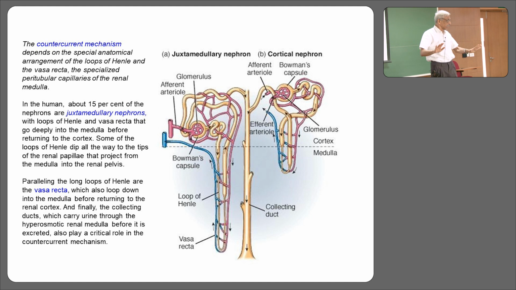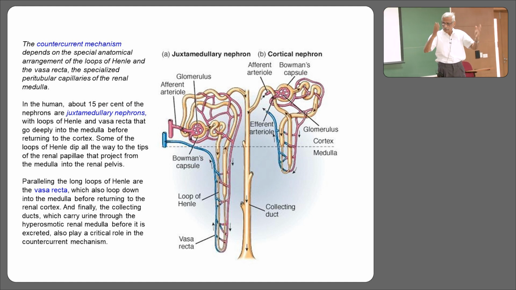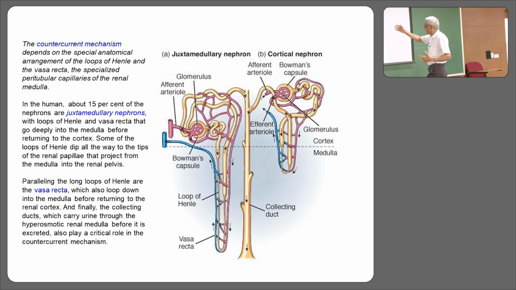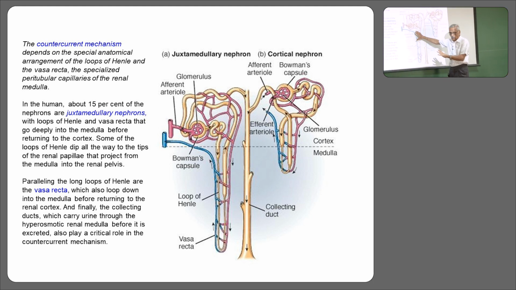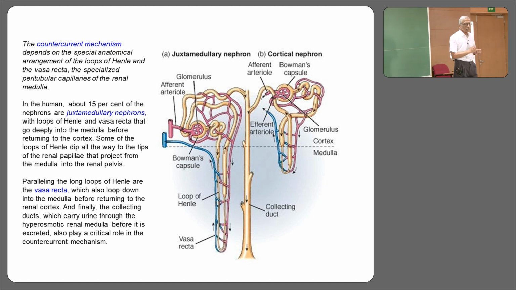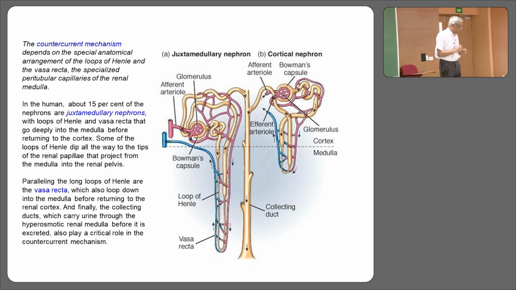In the next few slides we are going to focus on a very important point. That is the heart and soul of the kidney. So I am going to talk about the juxtamedullary nephrons. Are you okay so far?